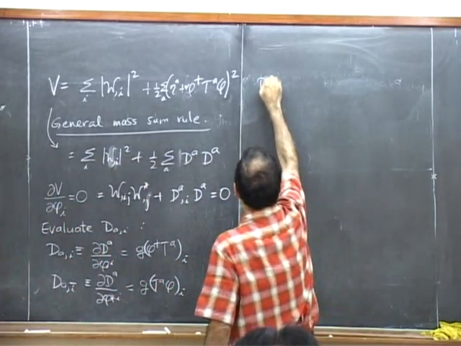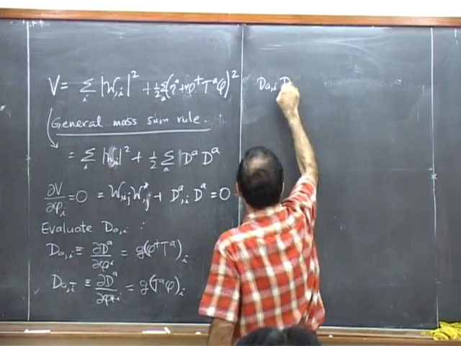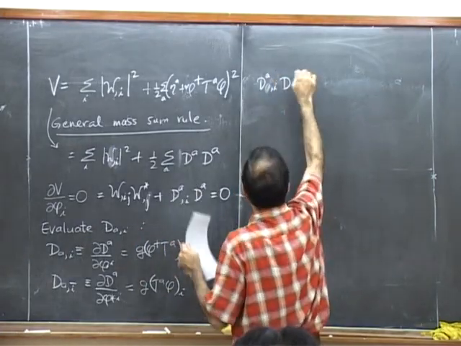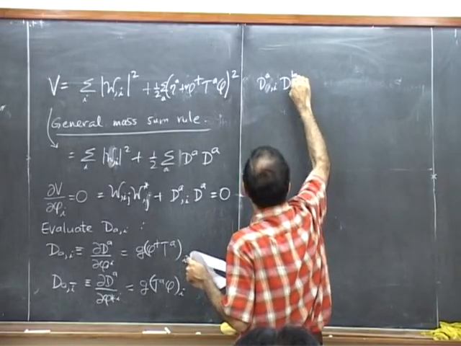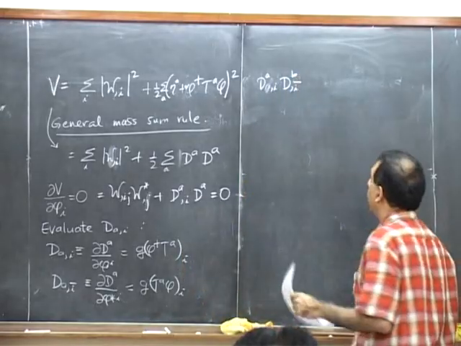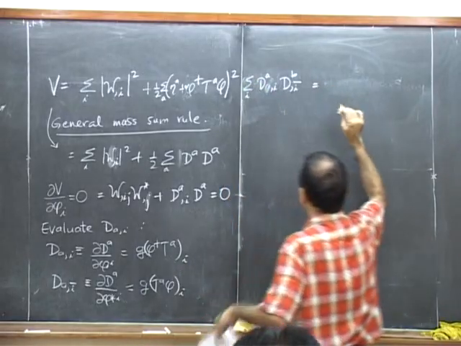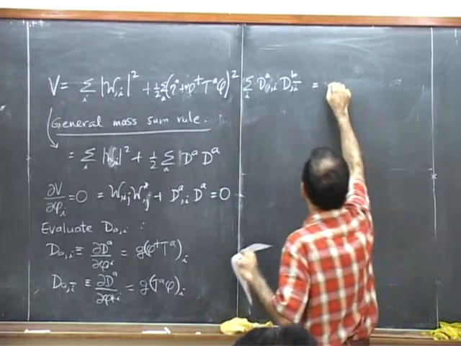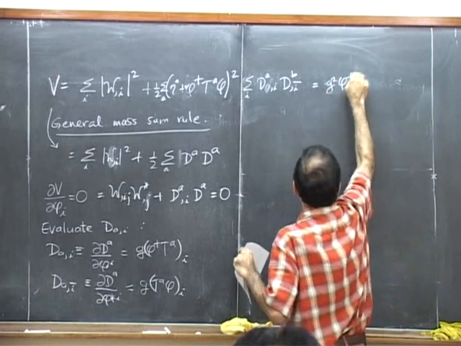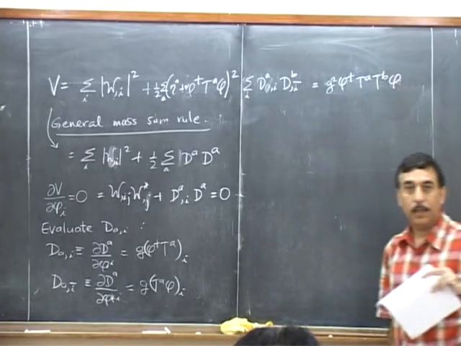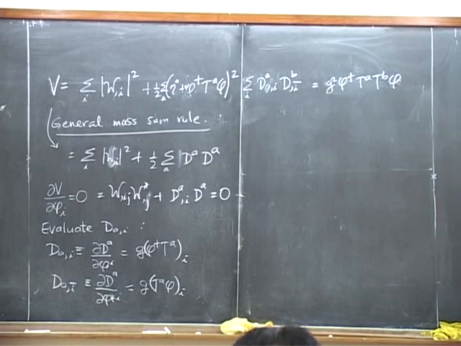Now, if we consider D_A comma i, A is always up, D_B comma i bar, and sum over i and i bar, sum over this repeated index, then I get this.